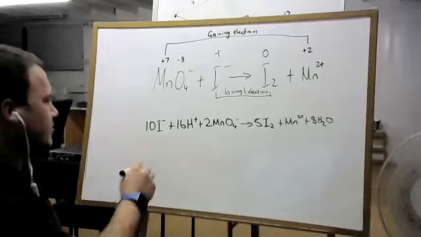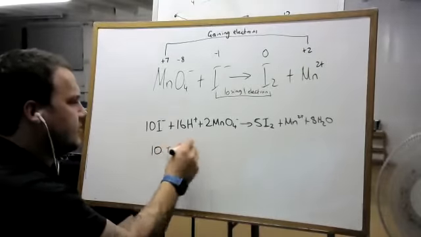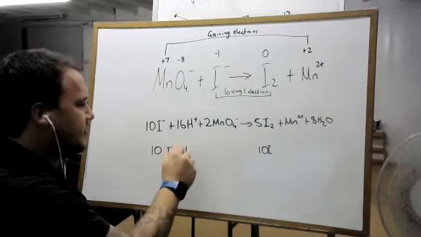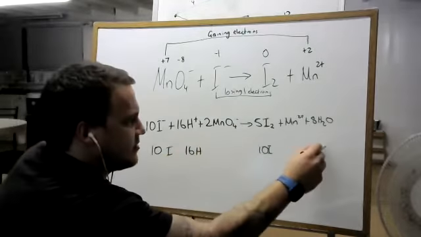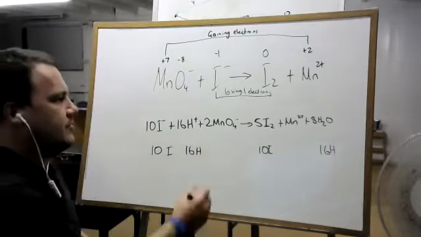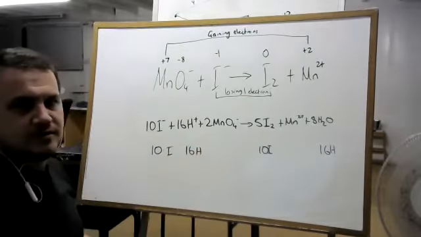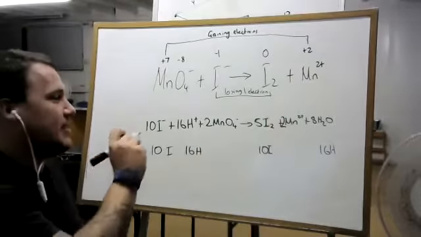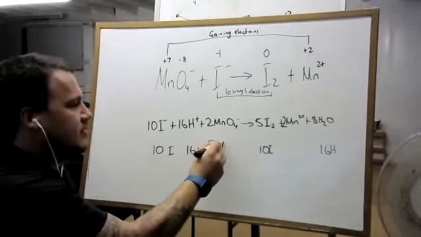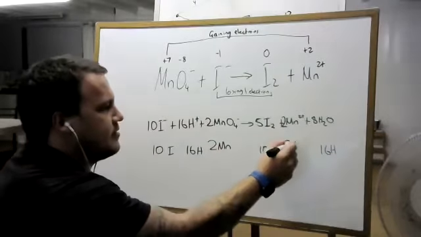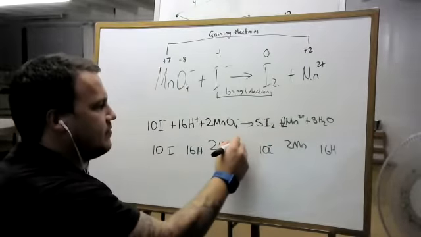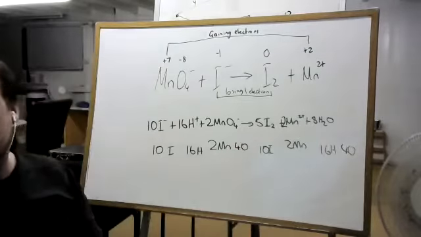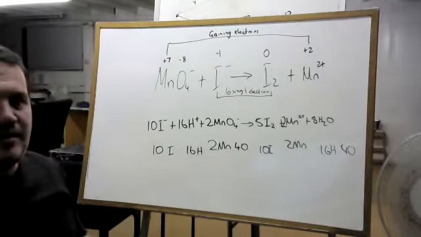So on this side, we've got 10I. On this side, we have 10I. This side, we've got 16H. This side, we've got 16H. Sorry, it's meant to be 2 Mn2 plus. That's why we check. That's why we balance. Got 2 Mn over here, 2 Mn. Then we have 4O and 4O. So we've checked, it balances atomically.